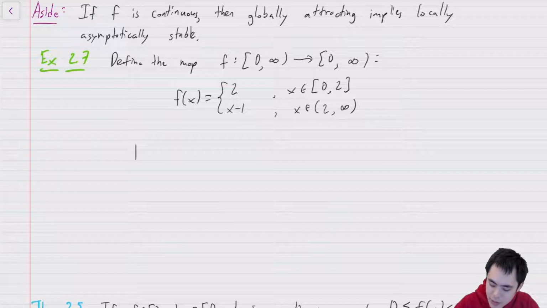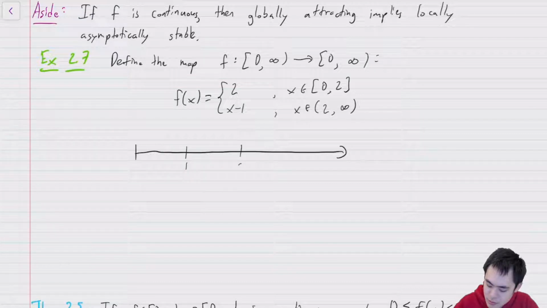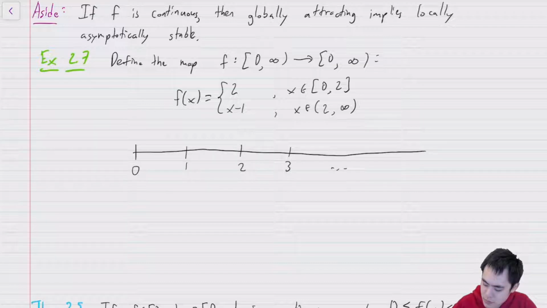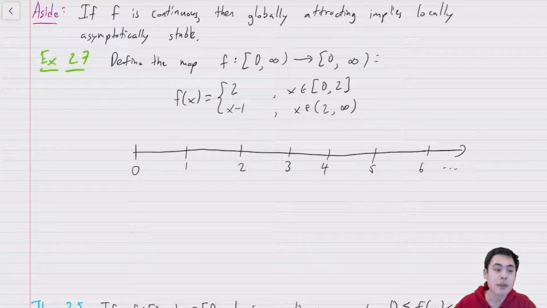So if we draw out what we're doing here, let's say this is 1, 2, 3, and so on, 4, 5, 6, and so on. If we start somewhere around here, well, then you're going to go here, and then here, because you're subtracting by 1 each time.